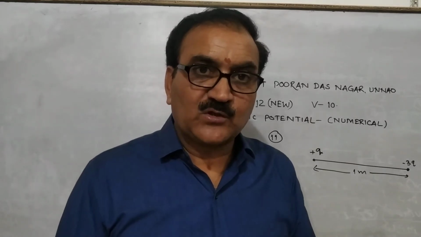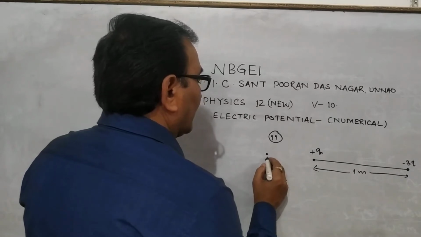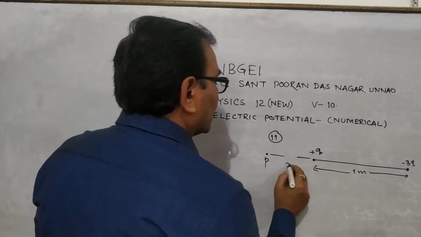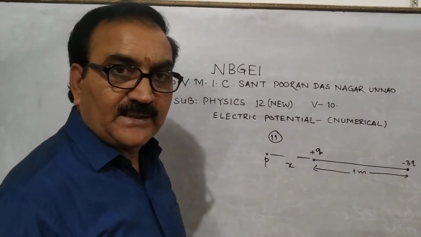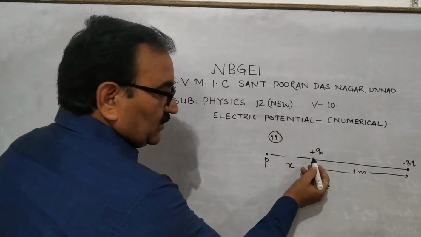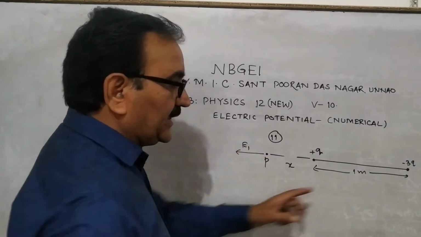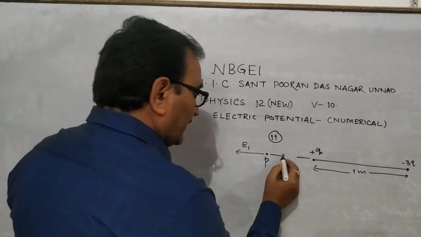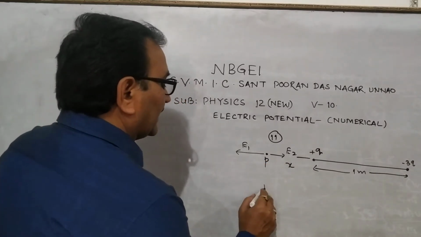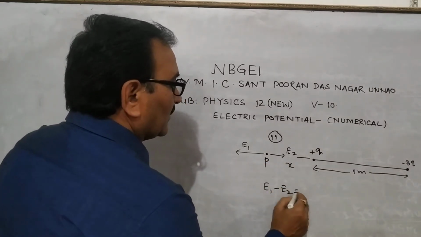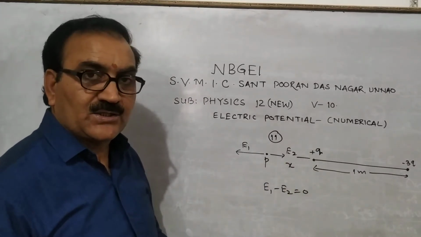Select a point P near it, at a distance of x from this charge. This is the point where intensity of electric field is zero. Due to plus q charge, intensity of electric field will be in this direction, and due to minus 3q charge, in this direction, and this is the point where resultant intensity will be zero. Why is minus sign used? Because they are acting in opposite directions.